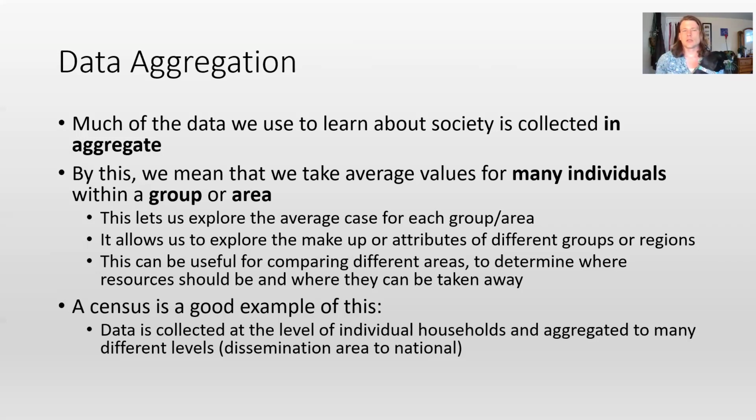It allows us to explore the makeup or attributes of a different area or region. And it can be useful for comparing between different areas to determine where resources should be allocated, where some might be taken away. So the census is a good example of this, right? Data is collected at the individual level, but then it's aggregated at many different levels, from dissemination area on up to the national level. We're going to talk about some issues that can come from aggregated data.